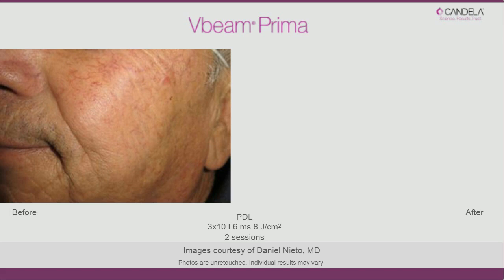I asked the patient if he could afford to have a bit of purpura, because it was more effective than using subpurpura. The patient worked with the public, so he could not afford to have purpura on the face. So I decided to use subpurpura settings, telling the patient that the results may not be as good as when using purpura settings.